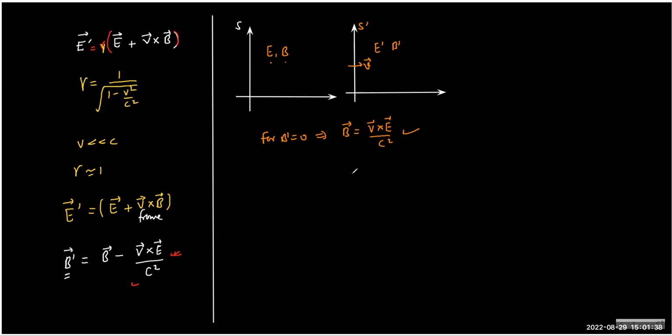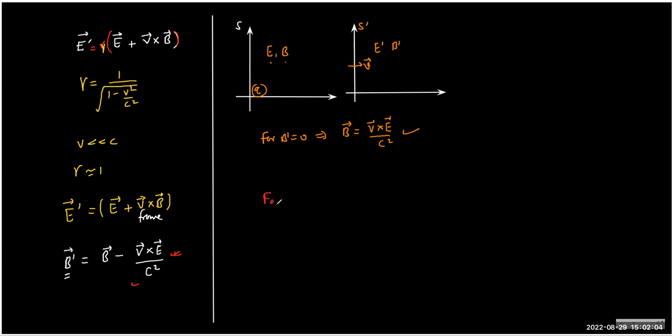Yes, sir. And if I take mutually perpendicular directions, if I choose E along X and B along Y, we can actually achieve this easily. But nevertheless, let's keep it up to here only. The next step is when you make B dash 0, you have only E dash. Therefore, if I have any charge Q here, we can easily write the force.